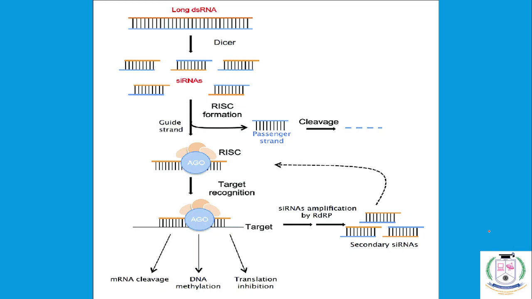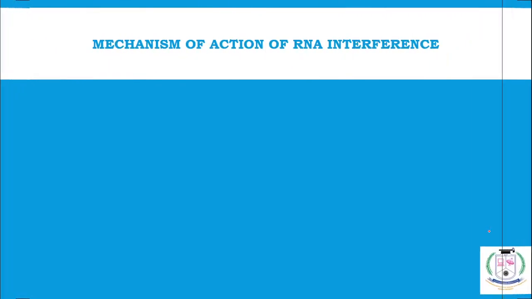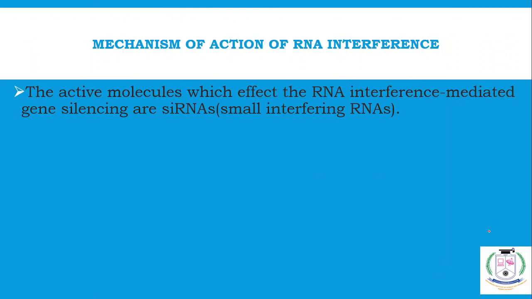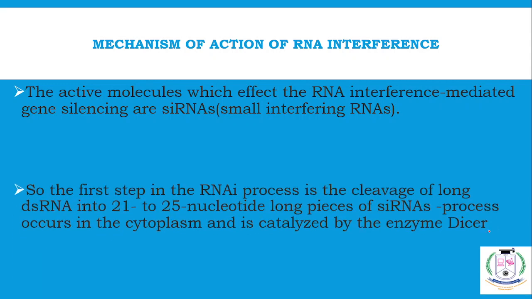The schematic illustration of the actual mechanism of RNA interference. So let us go through this step by step. The active molecules which effect the RNA interference mediated gene silencing are obviously the small interfering RNA, siRNA.